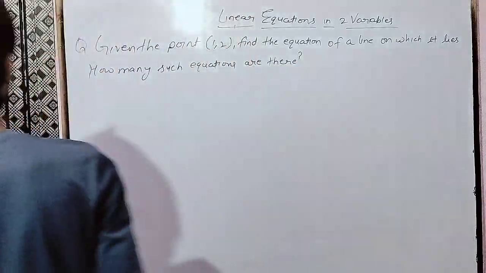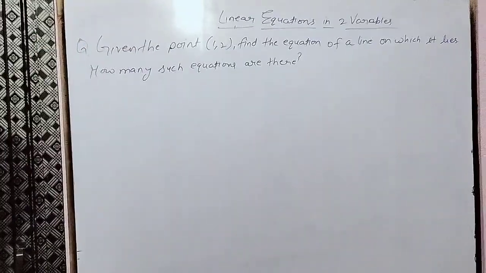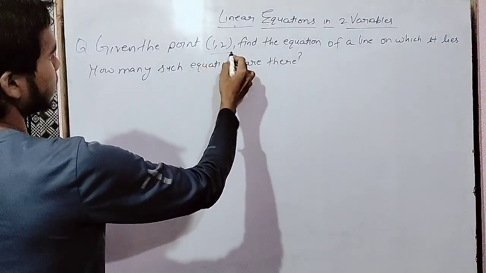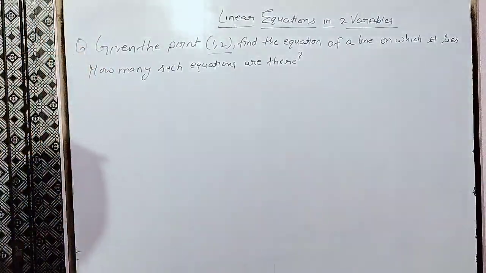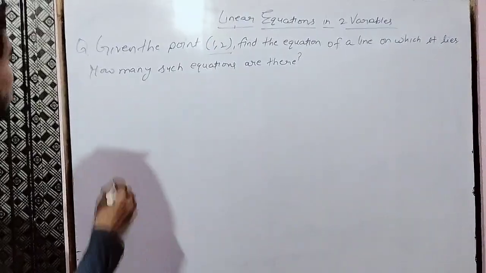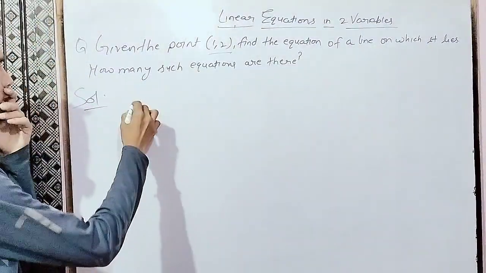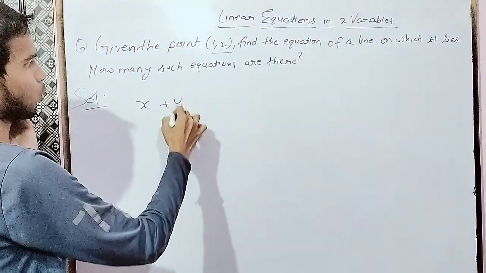Now the question is saying, how many such equations are there when the coordinates are 1, 2? This is a little different. So x is 1 and y is 2.